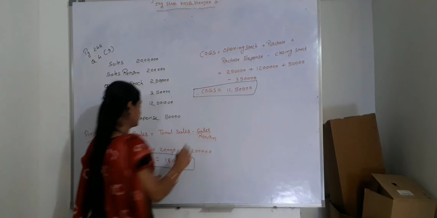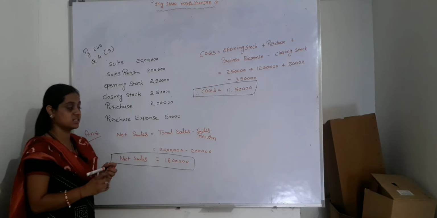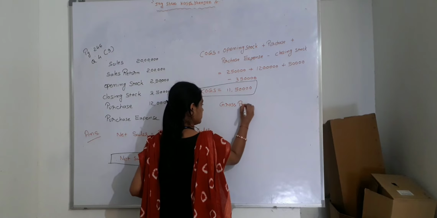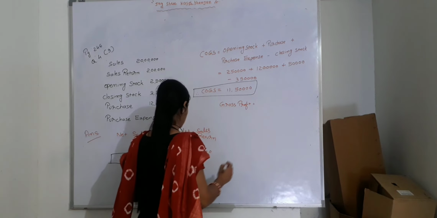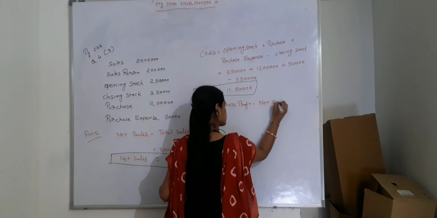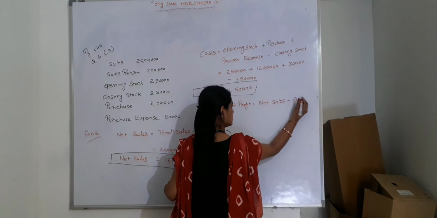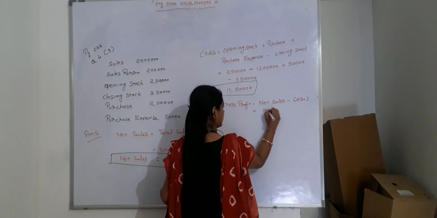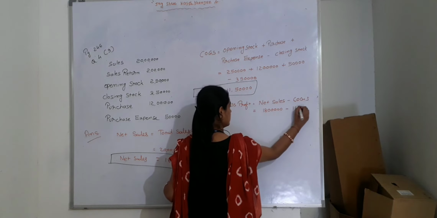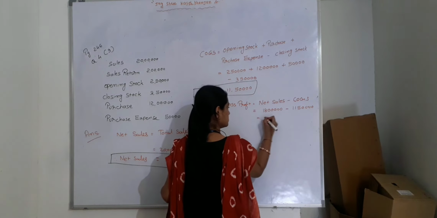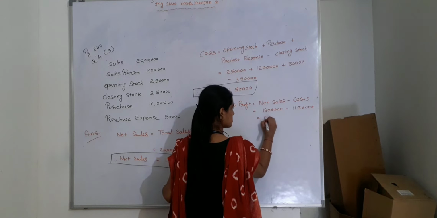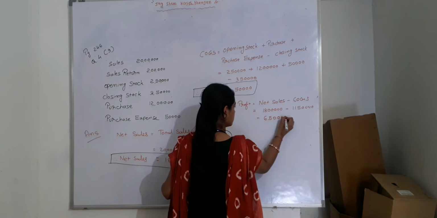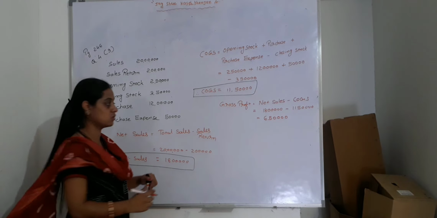We got both net sales and COGS. That means we can easily find gross profit. Gross profit is equal to net sales minus COGS. Net sales 18 lakh minus 11 lakh 50,000. That means we get 6 lakh 50,000.